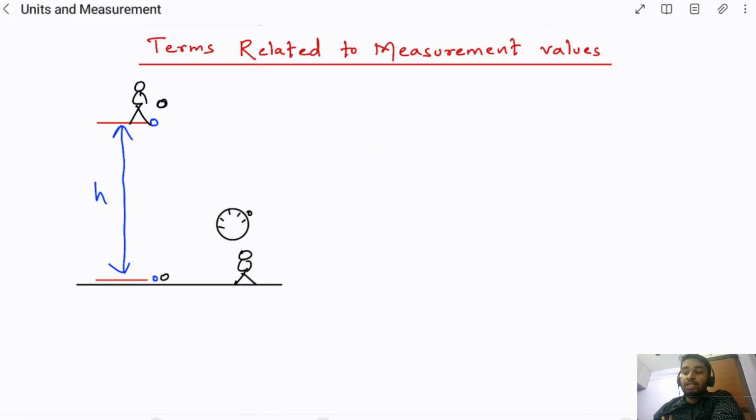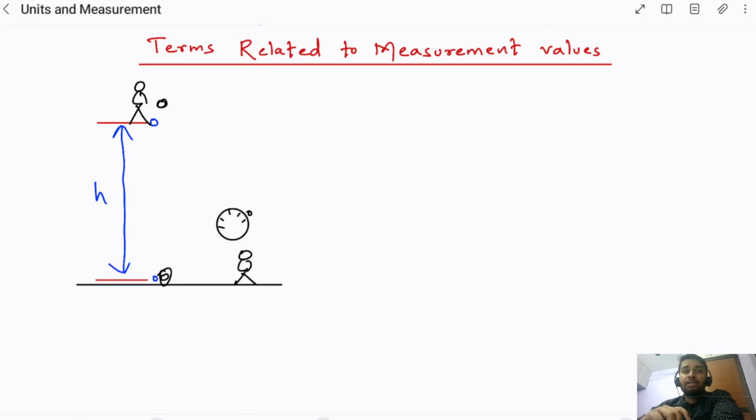Or the ball might have already hit the ground and I stopped the stopwatch 1-2 seconds late, or in a hurry I might have stopped the stopwatch 1-2 seconds before the ball hits the ground. So there are various ways in which error can happen, and the same goes for any scientific experiment.